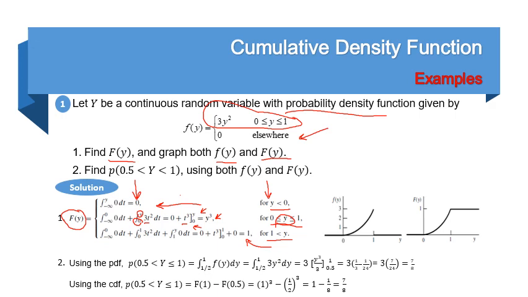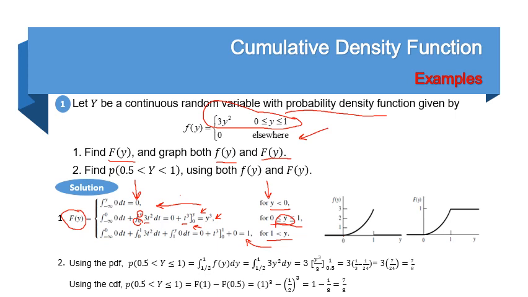In order to graph them, it's easy. Generally speaking, if I give you a function, in order to graph it, just look at the boundaries. Our boundaries for the small f, which he gave us, is that y works from 0 to 1. So you graph your axis, the y-axis, which is the horizontal one, and f of y, which is the vertical one, then you can graph the function only in this part, from 0 to 1, by looking at the original function, which is 3y squared.